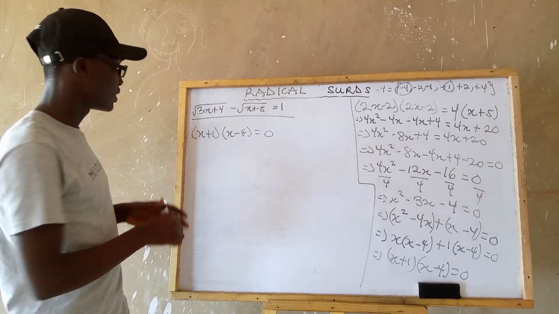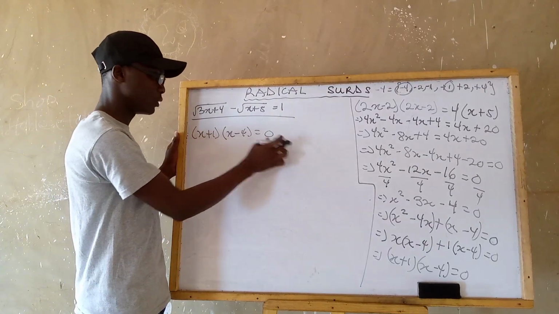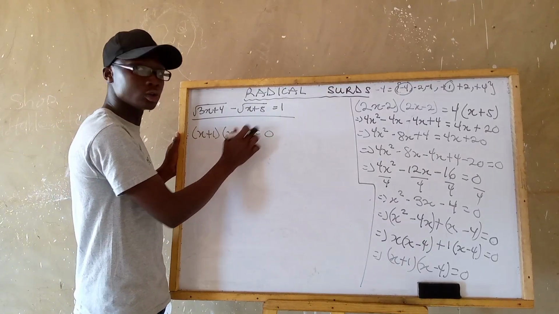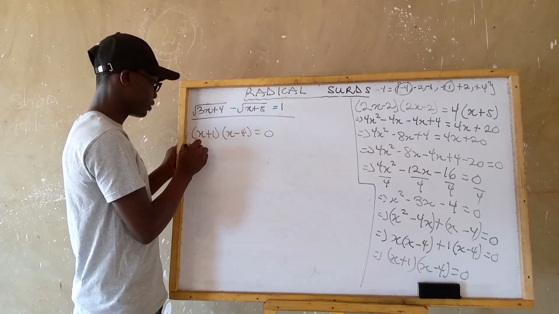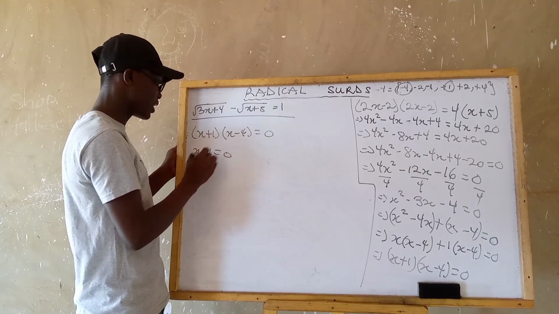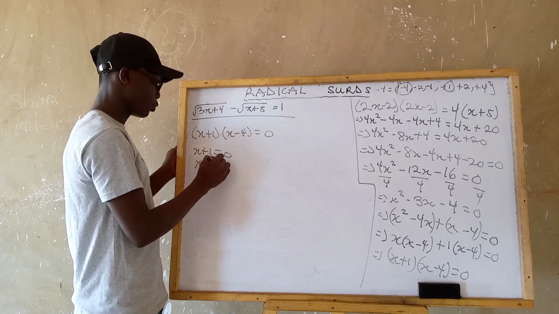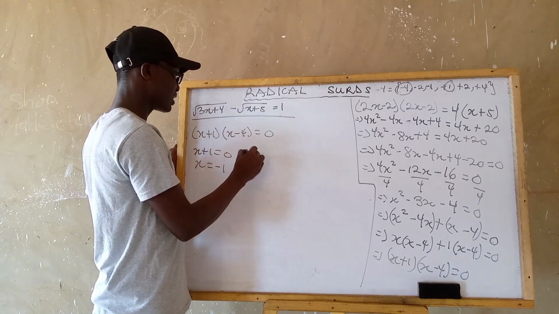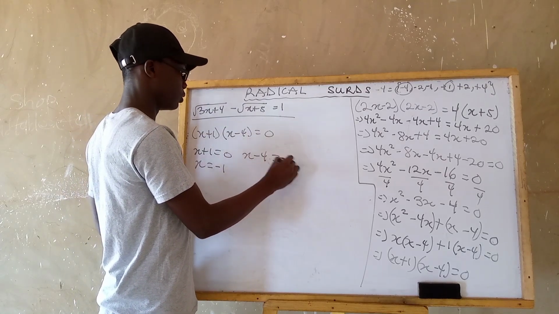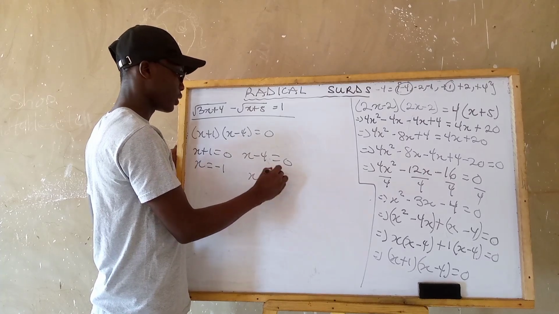What this means is that we will equate x plus 1 to 0 and then x minus 4 to 0. So now you have x plus 1 is equal to 0, to give us x is equal to negative 1, and then x minus 4 is equal to 0 gives us x is equal to 4.